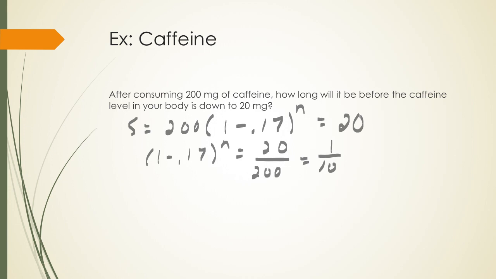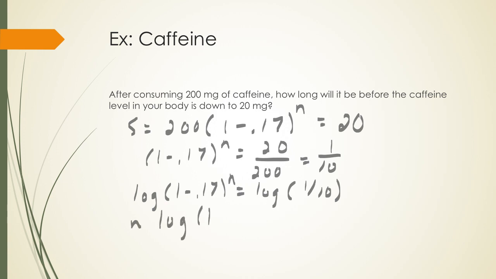Then I can take the log of each side. Using the second law of logarithms, I can rewrite this as n times the log of (1 minus 0.17) is equal to the log of 1 over 10.